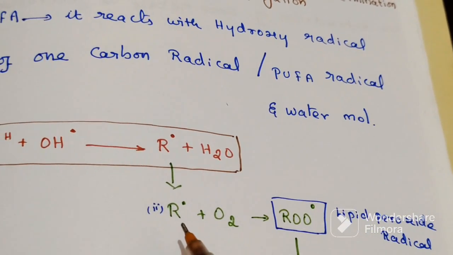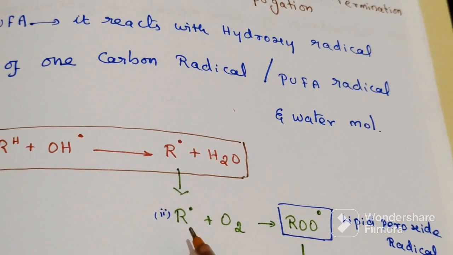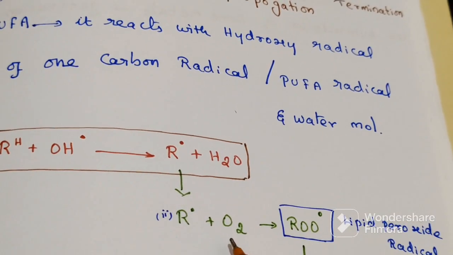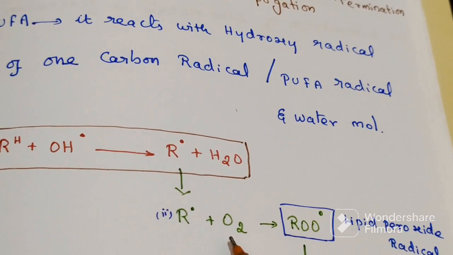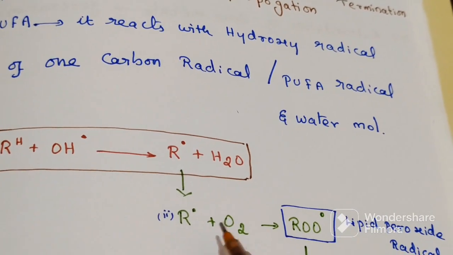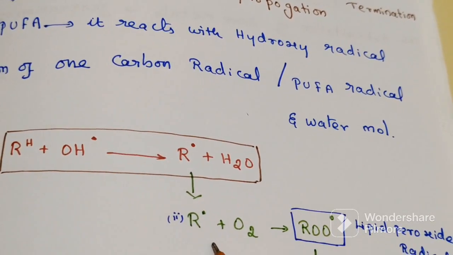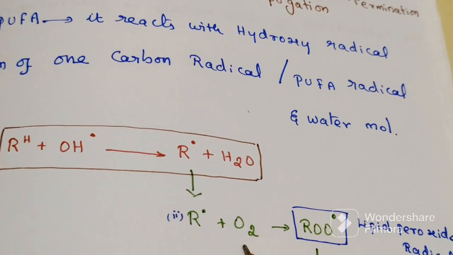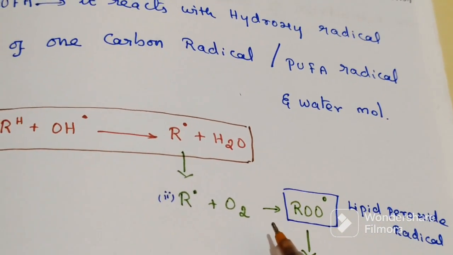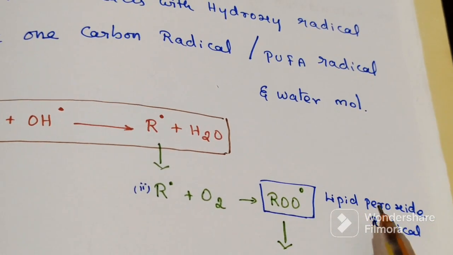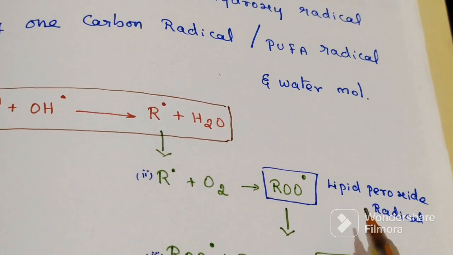This R radical, the carbon radical or PUFA radical, binds with oxygen in aerobic condition. It leads to formation of lipid peroxide radical.